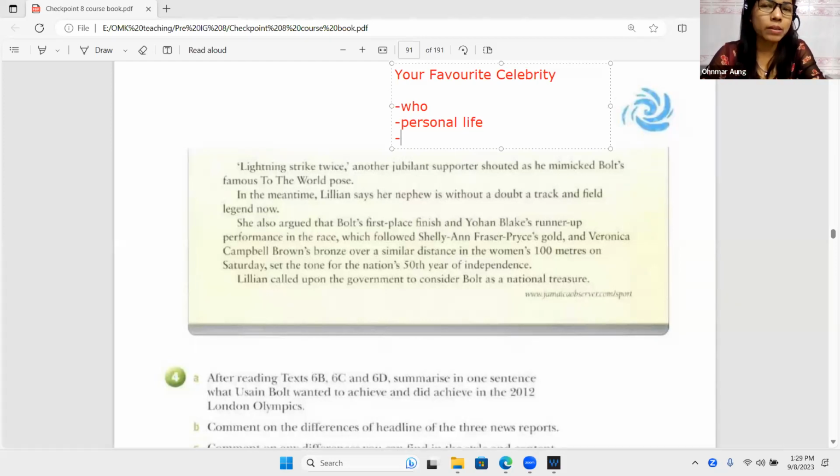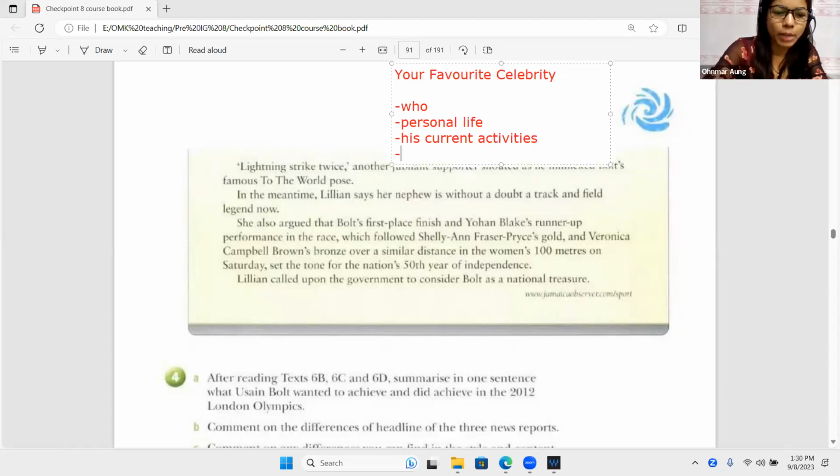And if that person is still alive, you could say current achievements or current activities, his achievements, what that person, he or she, has done for society.